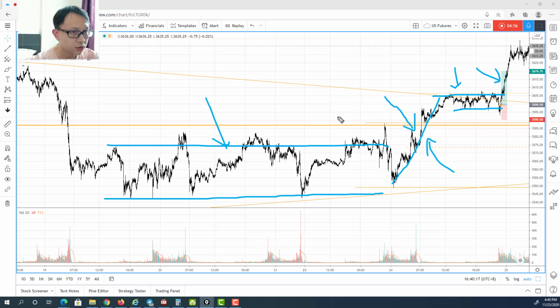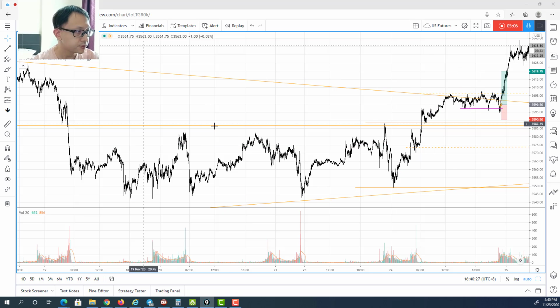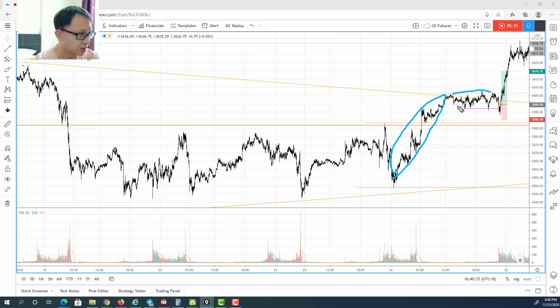Not to mention we have this relatively huge symmetrical triangle. That's another structure that we need to take a look at in the later part of the video. So first of all, let's just focus on the trend continuation based on this type of flag pattern alone.